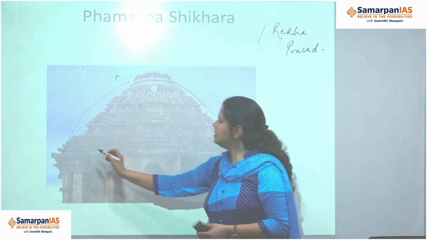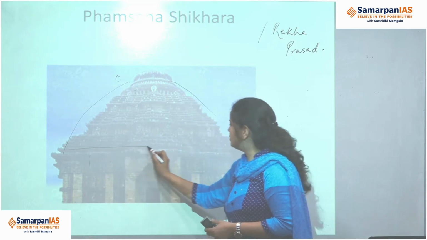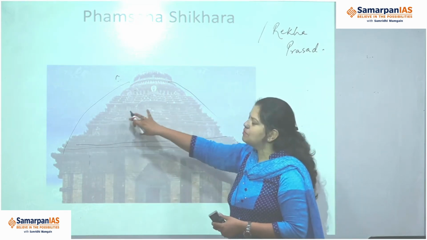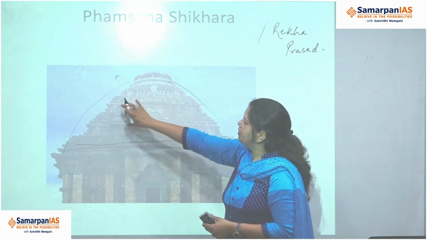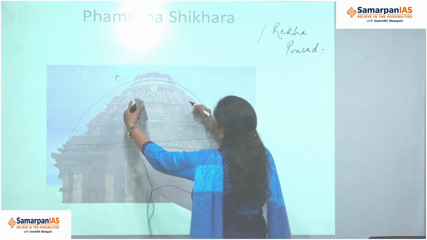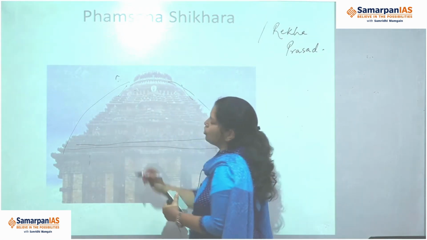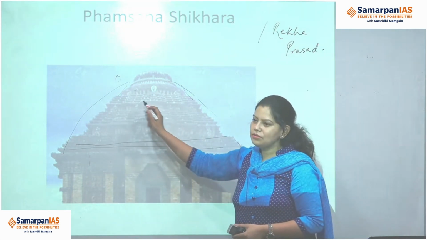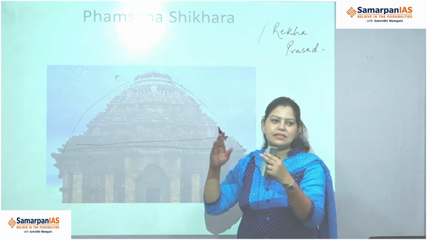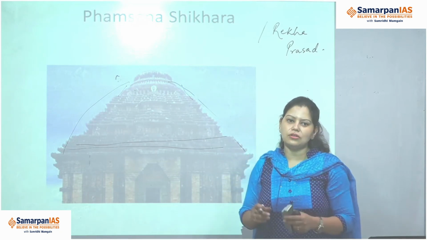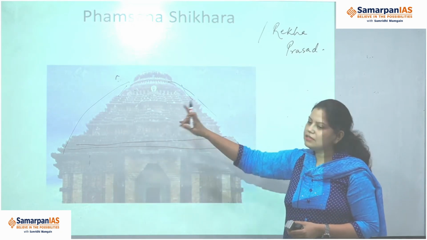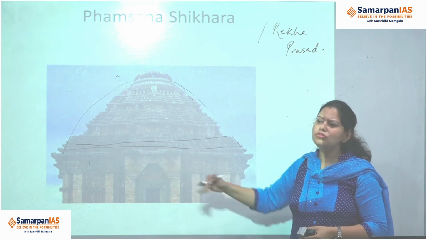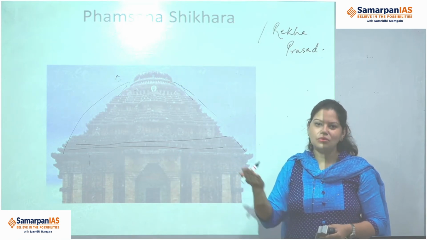But here you can see there are different slabs, and the size of the slab is decreasing so that it becomes narrower at the top. So this is the difference: there are a number of slabs and their length is decreasing so that it becomes narrow at the top. It is shorter and broader than the previous one. So you should know what is Latina shikhar, what is this shikhar.